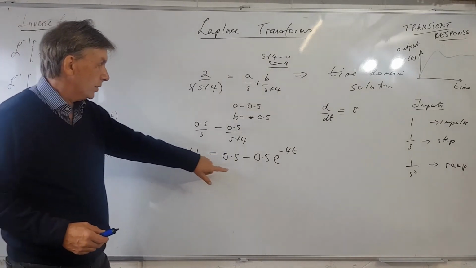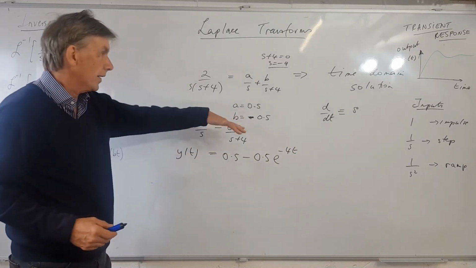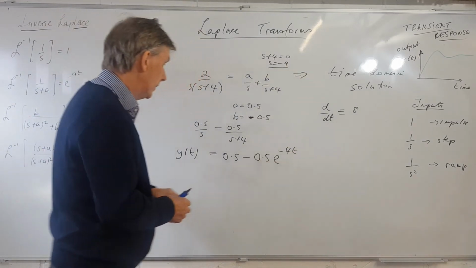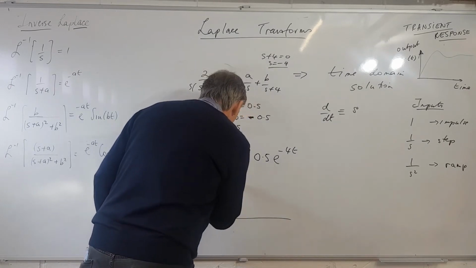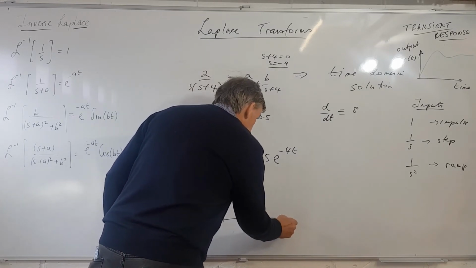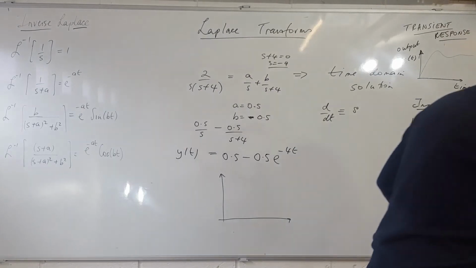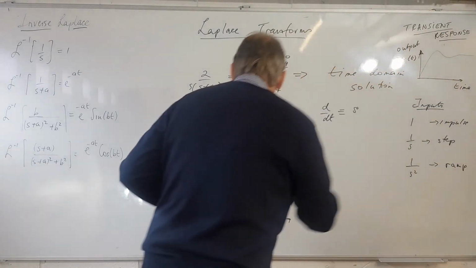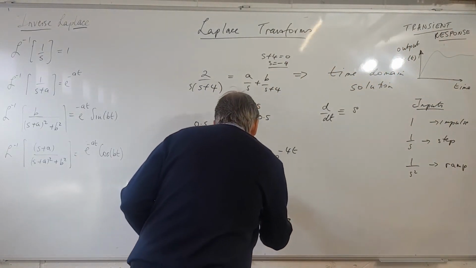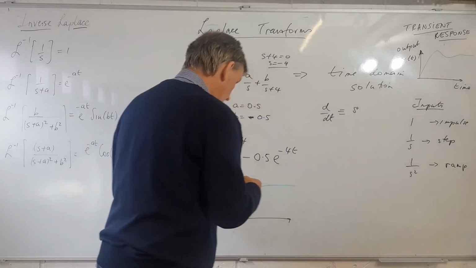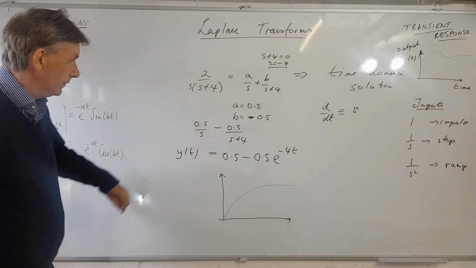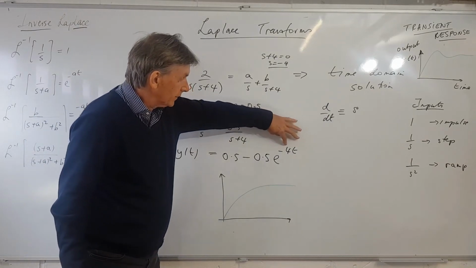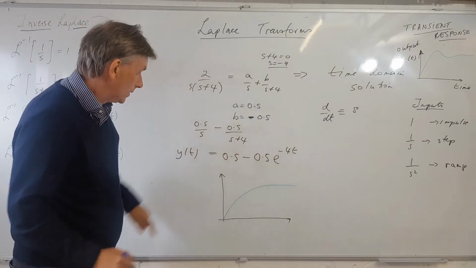And this now is the equation that describes the time domain behaviour of the system for different values of t. So you can now put different values of t in there, plot the graph, and we get a time domain solution. And in this particular case, it would probably look something like this. Like that. And if we make t very large here, e to the minus 4t would disappear, so it's going to go to 0.5.